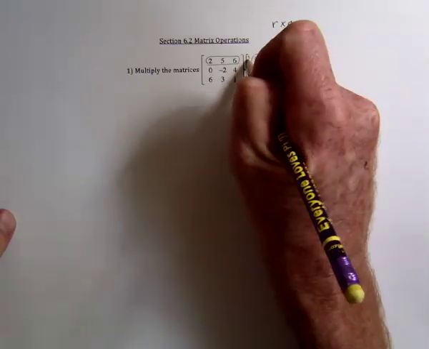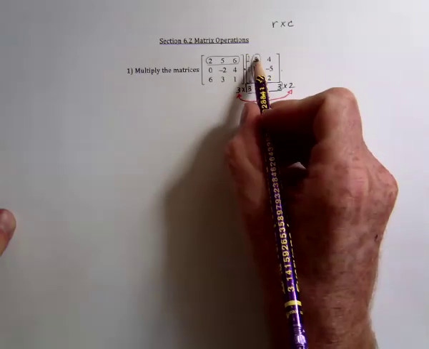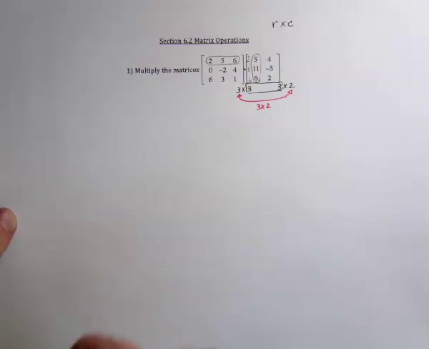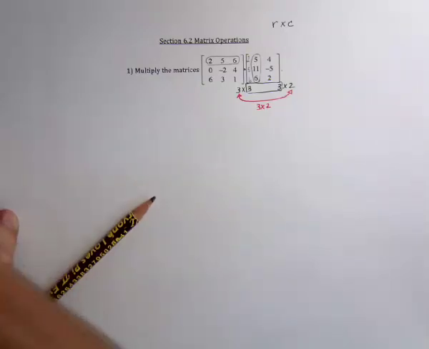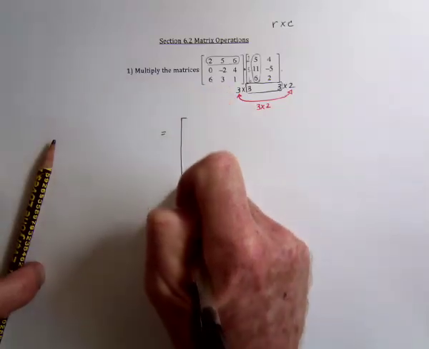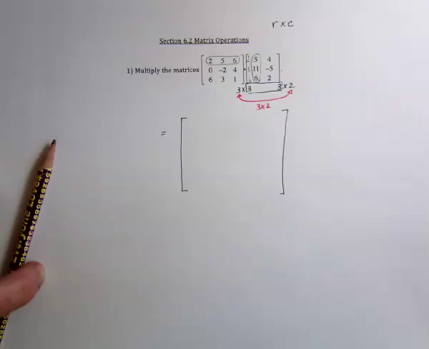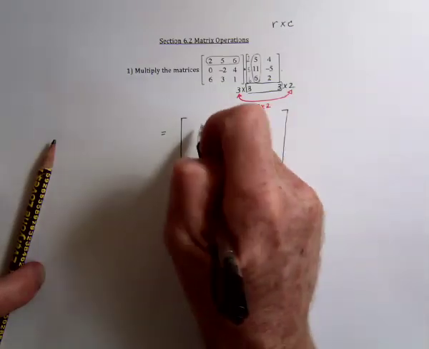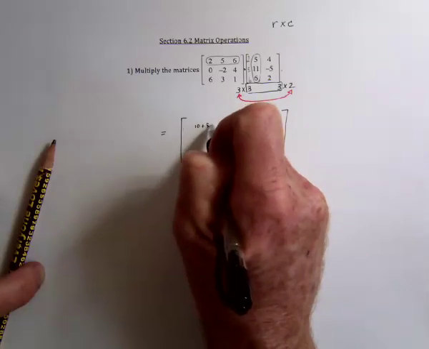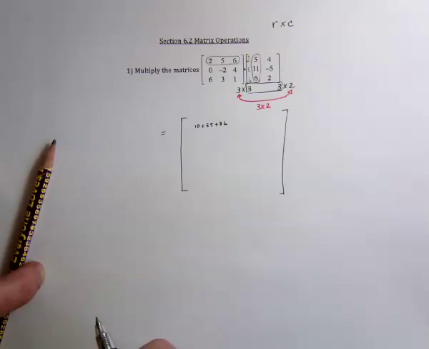And once you get used to it, you just do it in your mind. Turn it sideways. Multiply, multiply, multiply, and then add the results. And that's going to be the first entry. So I'll make it sort of oversized to show my work. So the first one is going to be a 10 plus a 55 plus a 36 will be the first entry.